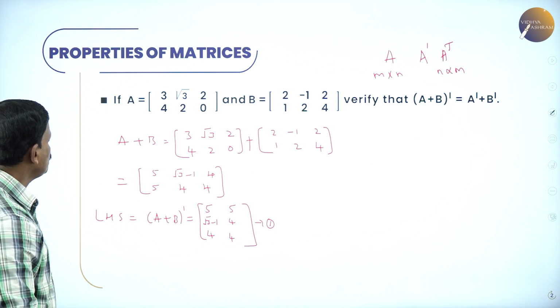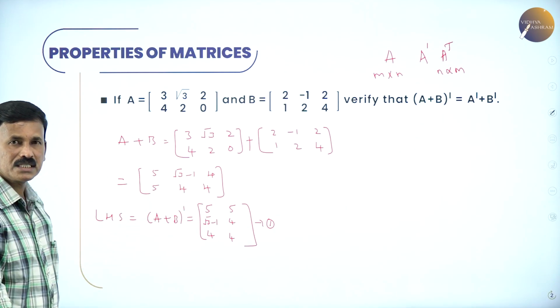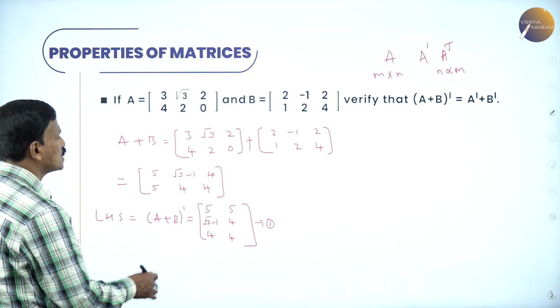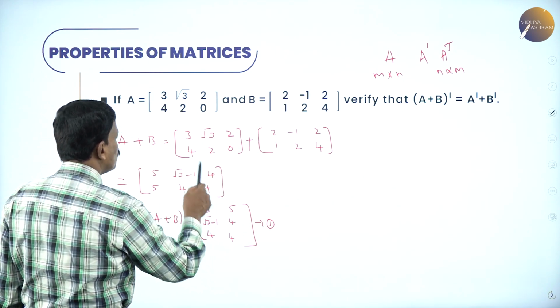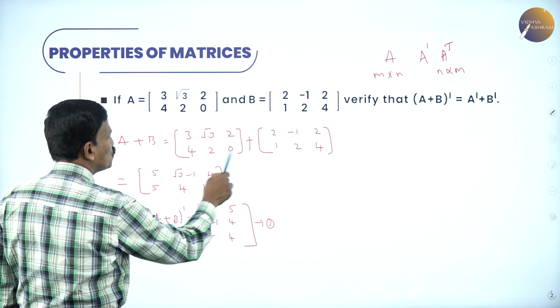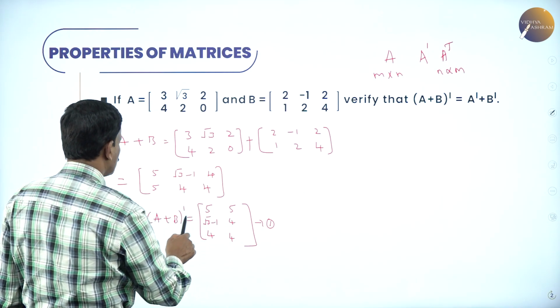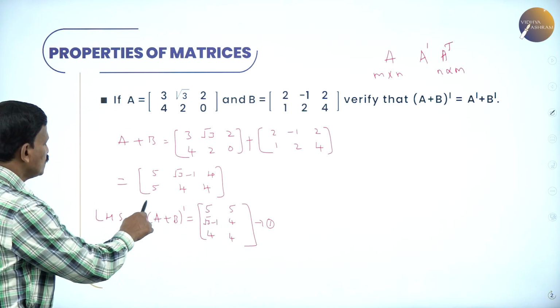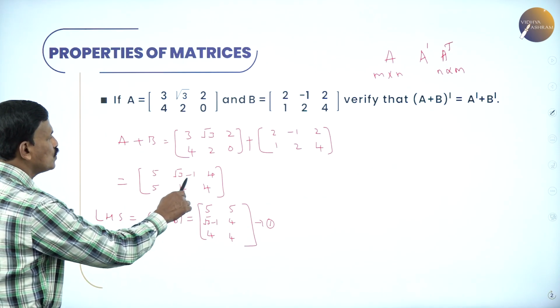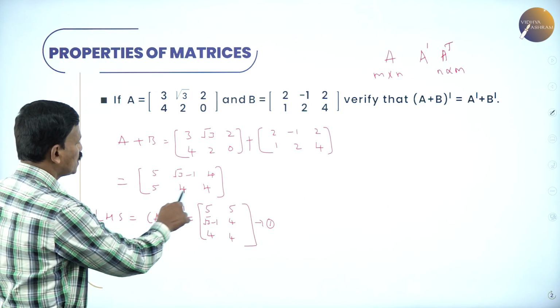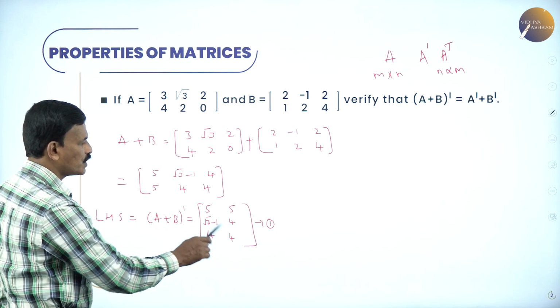Now A plus B is equal to matrix A plus matrix B. Add the corresponding elements. 3 plus 2 is 5, root 3 minus 1, 2 plus 2 is 4, 4 plus 1 is 5, 2 plus 2 is 4, 0 plus 4 is equal to 4. Now transpose this. So, (A plus B) whole dash is equal to first row becomes first column: 5, root 3 minus 1, 4 and second row becomes second column: 5, 4 and 4.